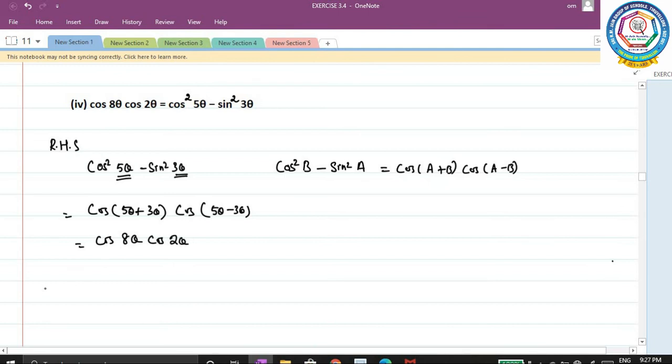Now I got the right hand side. What is the left hand side that is given? cos 8θ into cos 2θ. So the right hand side also I got the same answer. Therefore left hand side equal to right hand side. Hence proved.